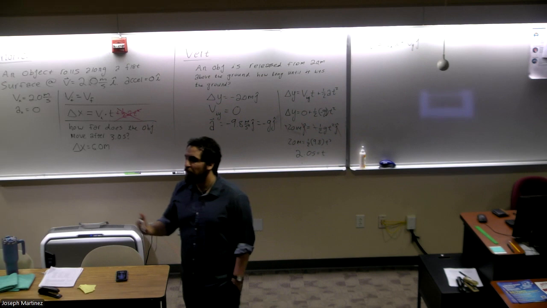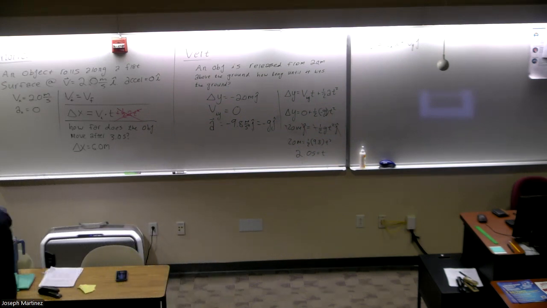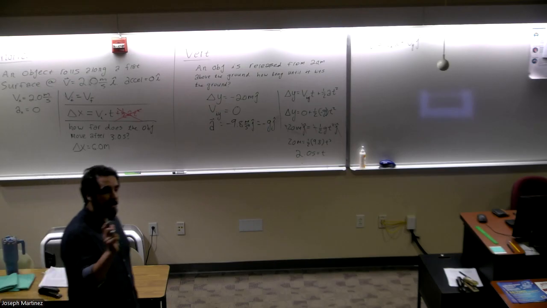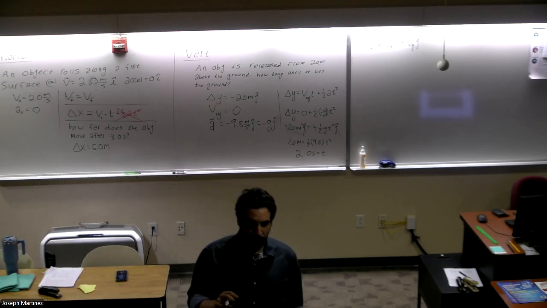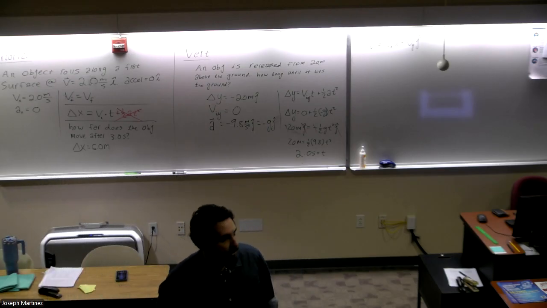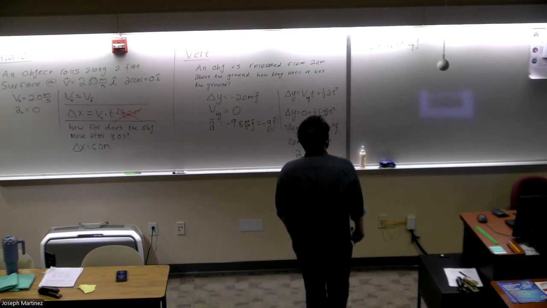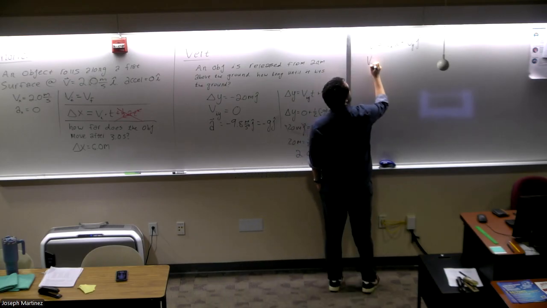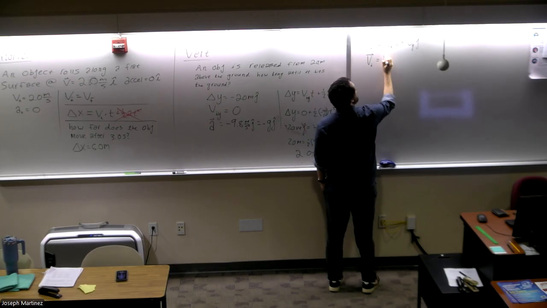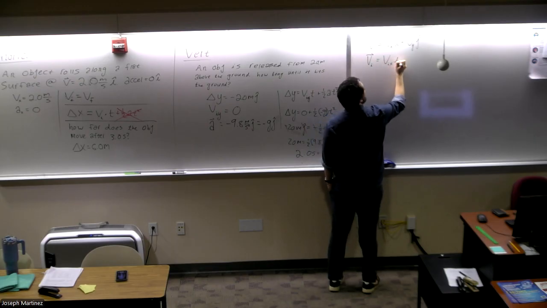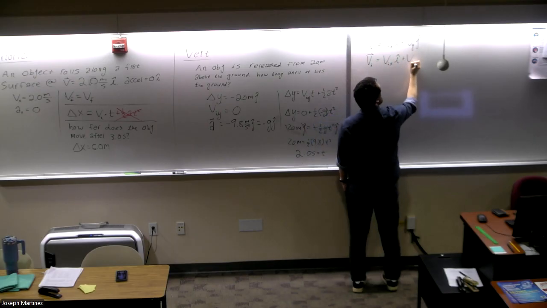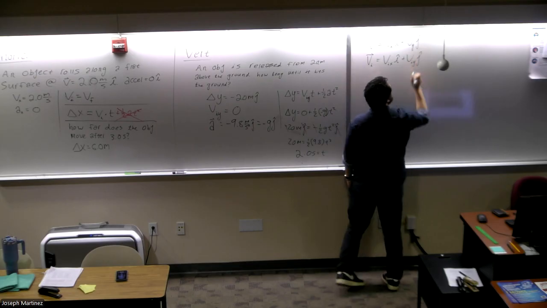It could be positive 2, meaning it's moving 2 meters per second to the right, or it could be negative 3 meters per second, meaning it's moving 3 meters per second to the left. vx and vy can be anything. We're just using them as standards. Does that seem all right? All right. What this means is that we can have some initial velocity as well, broken up into components the exact same way: v initial x i hat plus v initial y j hat.